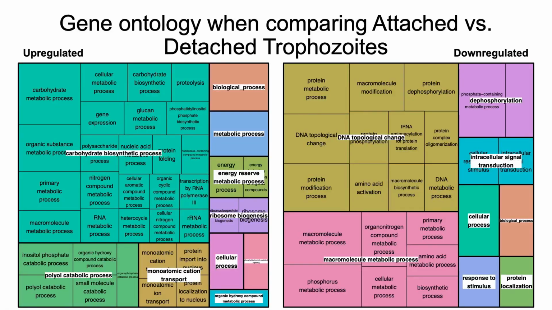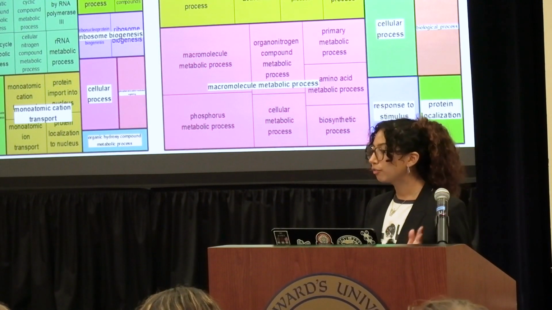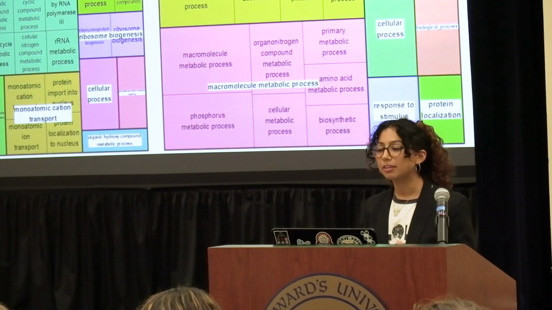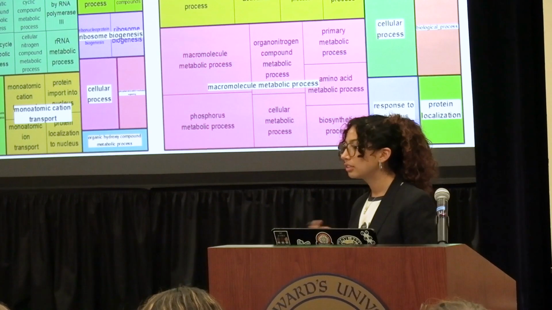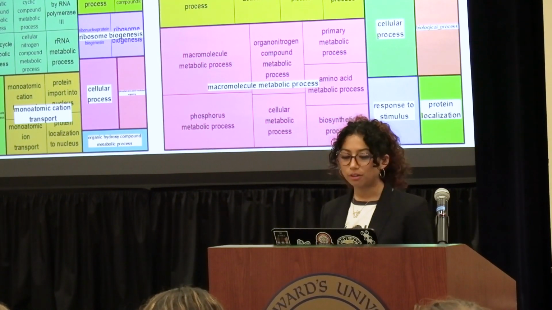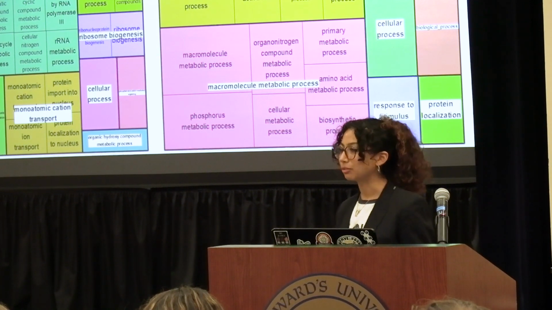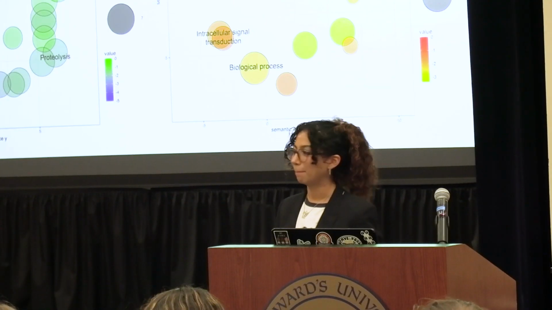But looking at our downregulated genes found more so in detached rather than attached trophozoites, we see that the detached trophozoites, as they're preparing for reproduction, are having a greater expression of genes associated with meiosis and DNA replication, DNA topological change, dephosphorylation, and intracellular signal transduction. Again, here we see a gene ontology pathway figure highlighting that relationship in a more visual form.